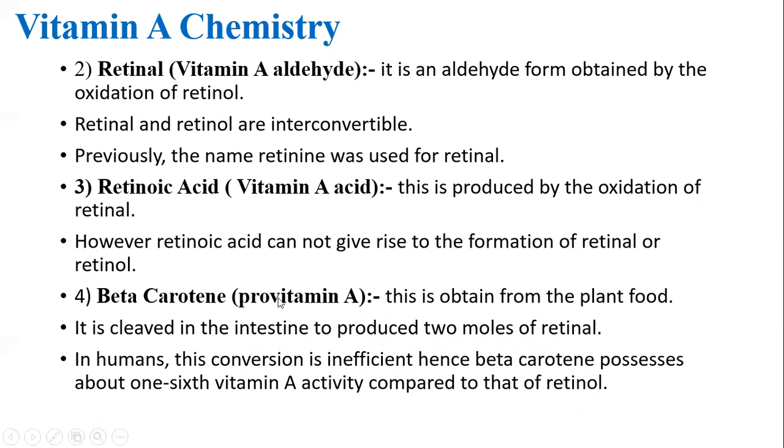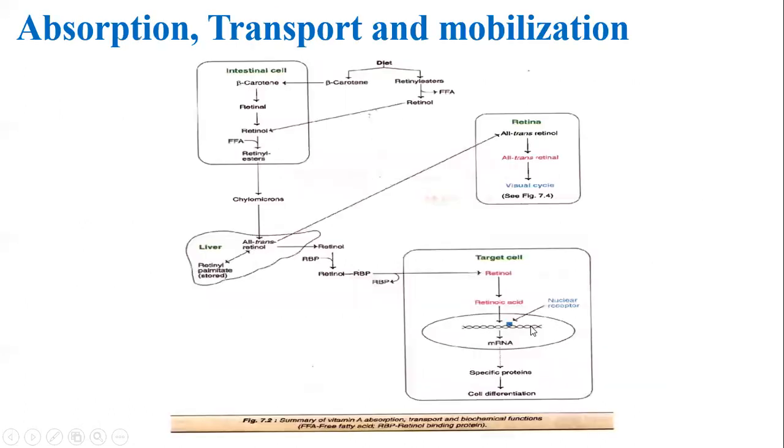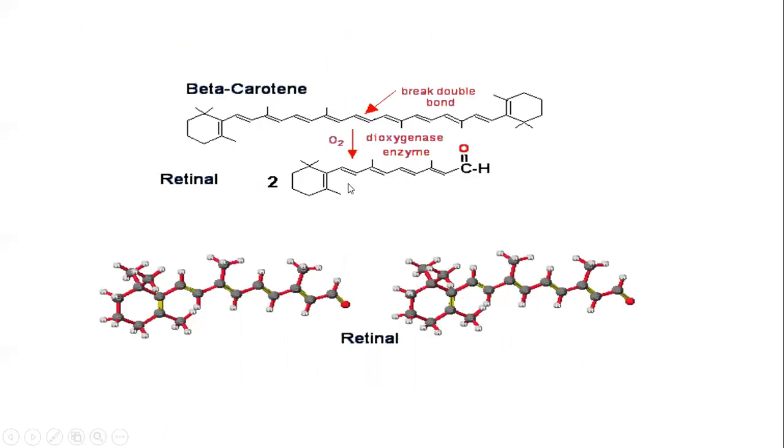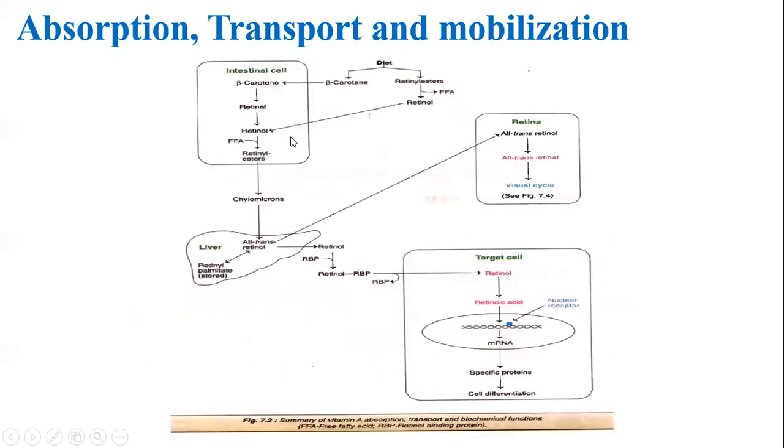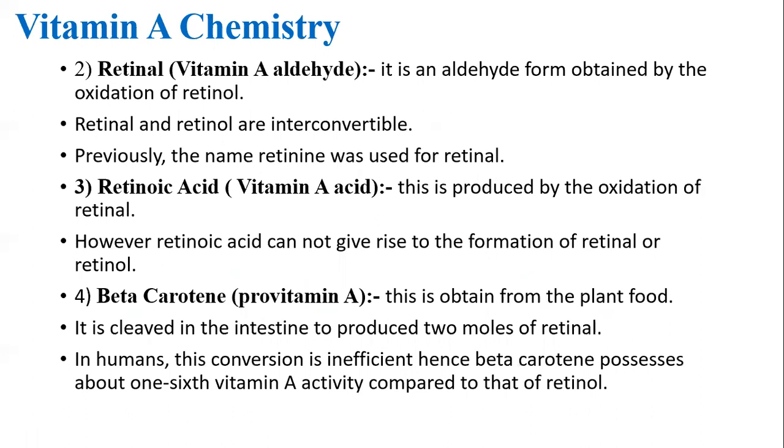The last and provitamin form of vitamin A is beta carotene, which is obtained from plant food. Cleavage of beta carotene in the intestine produces 2 moles of retinal. In the next slide, we can also see that beta carotene is broken down with the help of the enzyme dioxygenase, and this dioxygenase enzyme cleaves beta carotene in the intestine into 2 moles of retinal. The cleavage of beta carotene occurs in the small intestine.